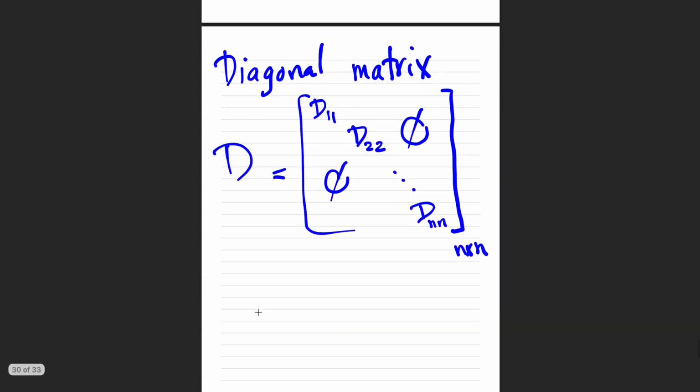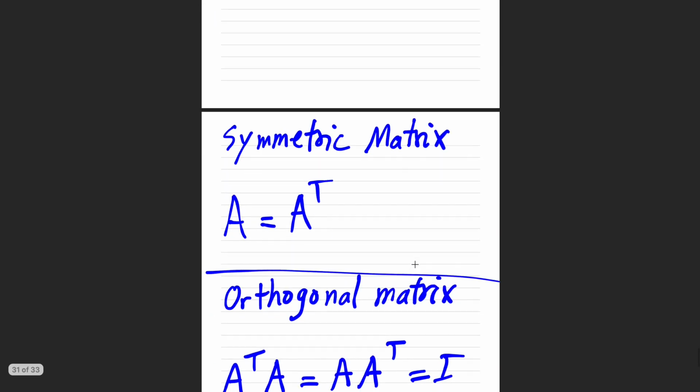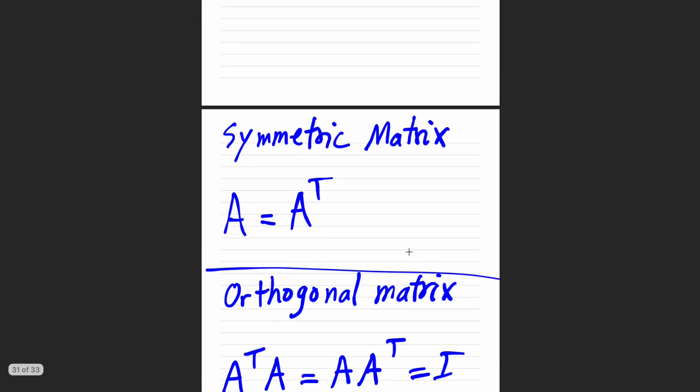Just some basic definitions. A diagonal matrix is a matrix where only elements in the diagonal are non-zero. So it consists mostly of zeros and non-zero entries only along the main diagonal. A symmetric matrix is a matrix that is equal to its own transpose.